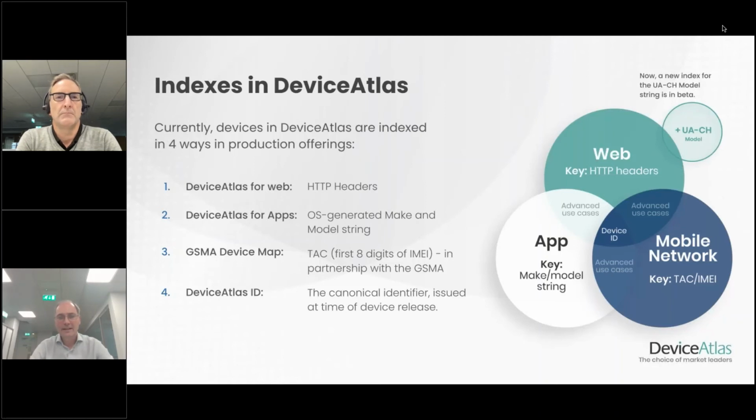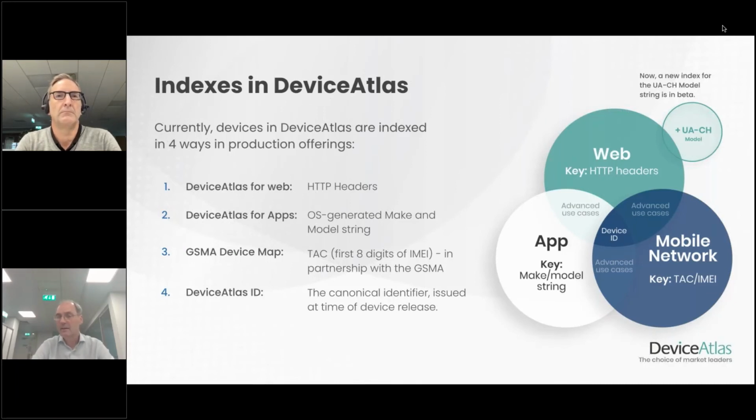So in DeviceAtlas, there are multiple indexes which are worth talking to. First of all, DeviceAtlas data is indexed based on the HTTP headers. And this now includes not just the HTTP headers as of today, but also a new index for the client hints model string. So that's a whole new index under the web umbrella. Secondly, the data is indexed for the native app ecosystem based on the make and model string as generated by the OS.